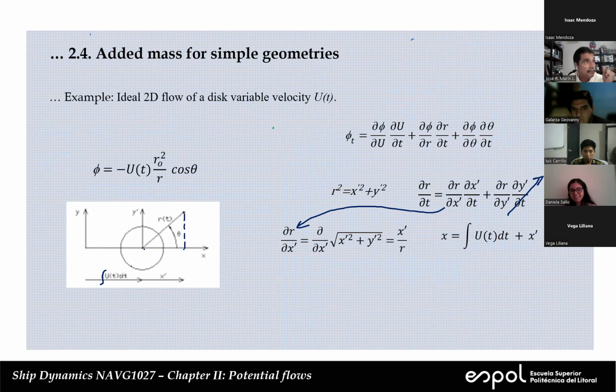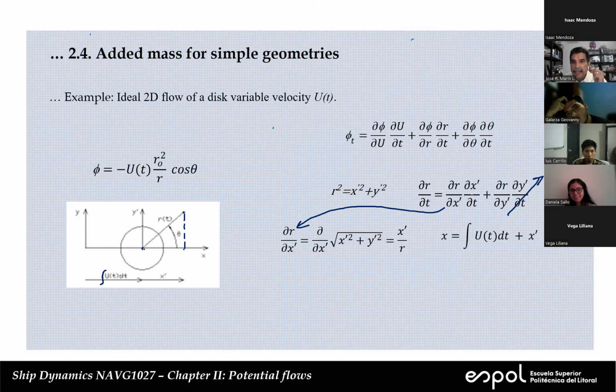By definition, the velocity is the derivative of the position with respect to time. So the position is the integration of the velocity times time. So you know where this point, the origin, is located. And from there, if you want to signal to this point, you use r, theta and relate it to x prime.